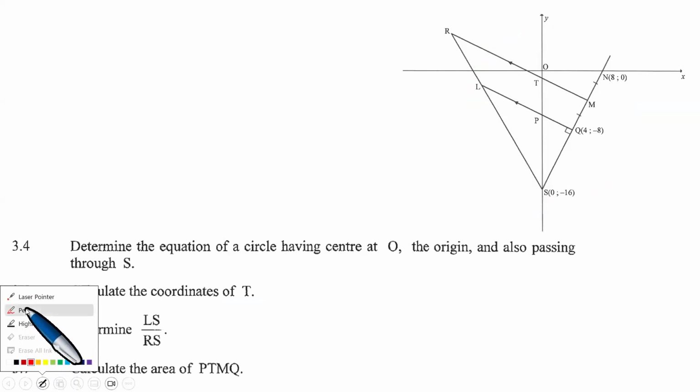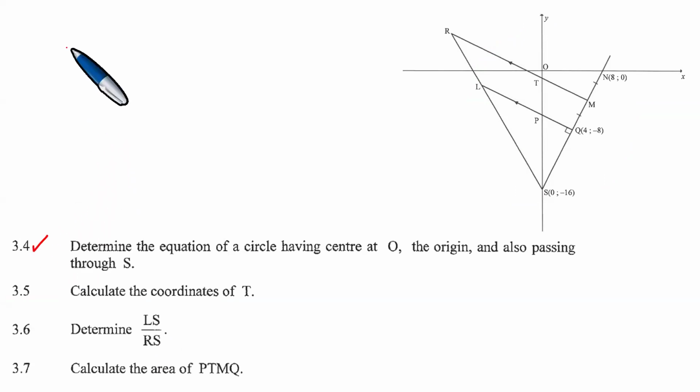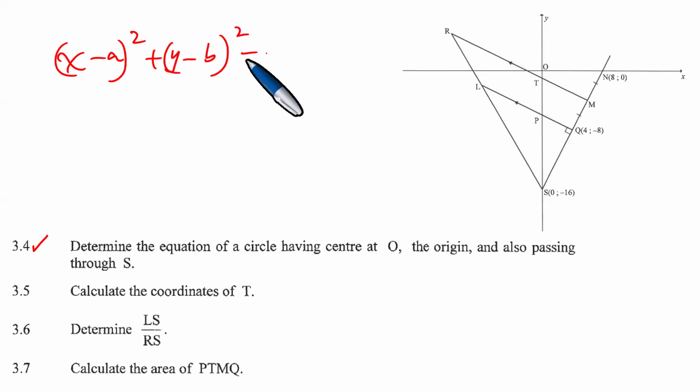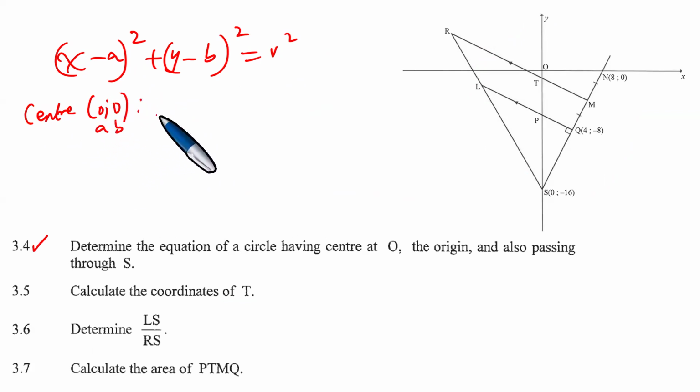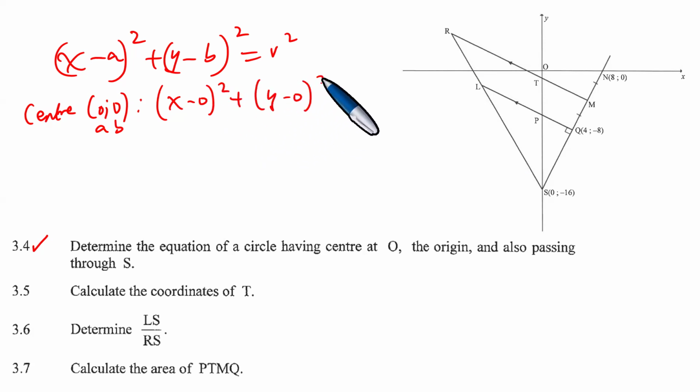The equation of a circle is x minus a squared plus y minus b squared is r squared. The center is 0 and 0, so x minus 0 squared plus y minus 0 squared is r squared, which means x squared plus y squared is r squared.